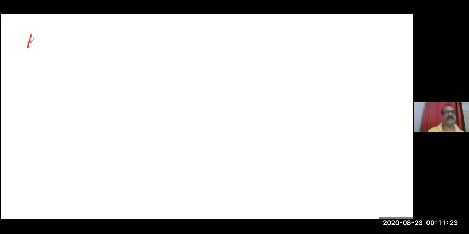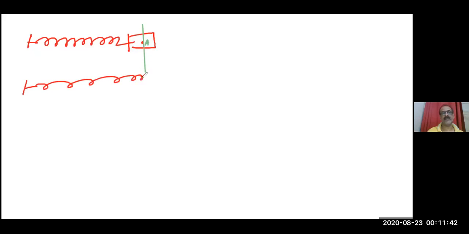Draw the diagram. First the spring is at the point A. This we have already done before also. Then we are stretching the spring to the point B.